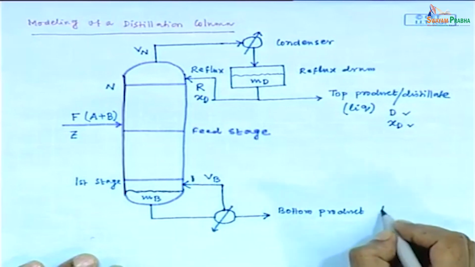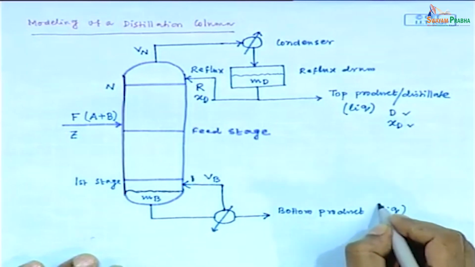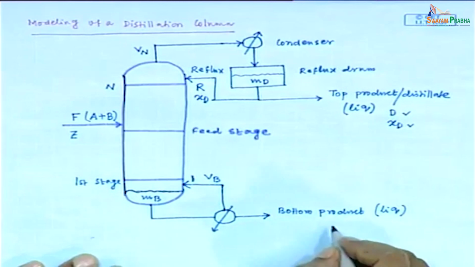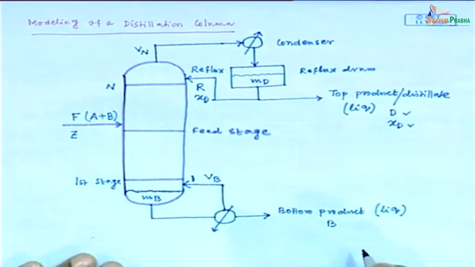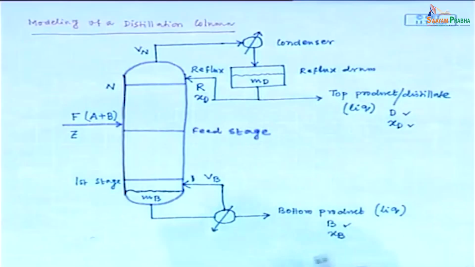This is also a liquid stream. It has the flow rate of suppose B and composition is XB.